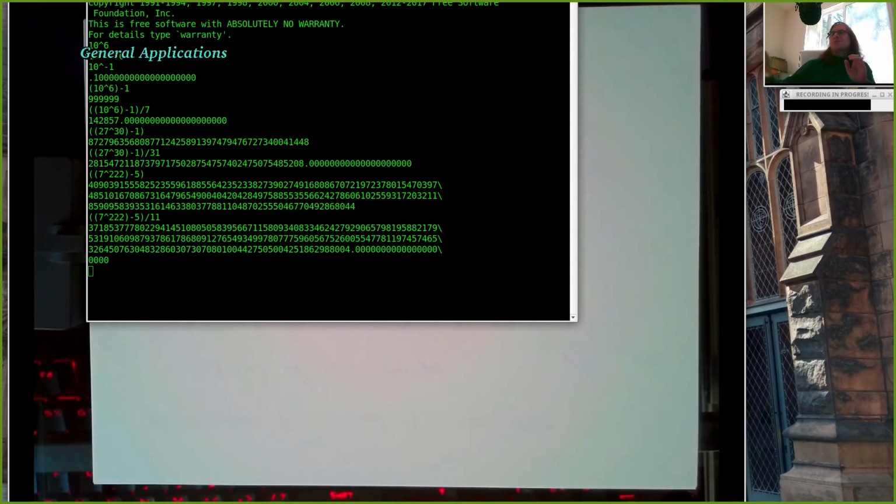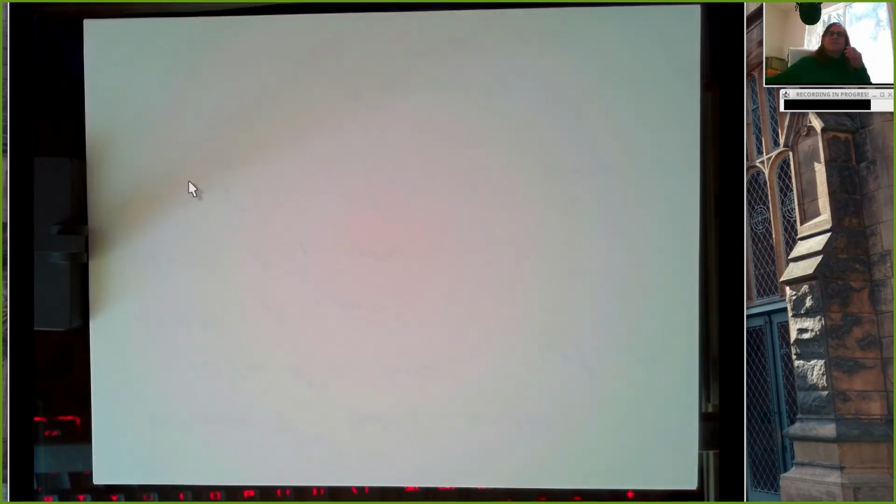Alright, so let's talk about some general applications for all this stuff. And so we've touched on a few of these already. We talked about hash functions, the idea of doing an MD5 hash.